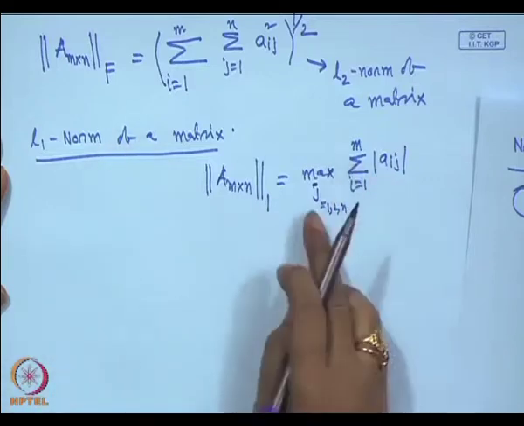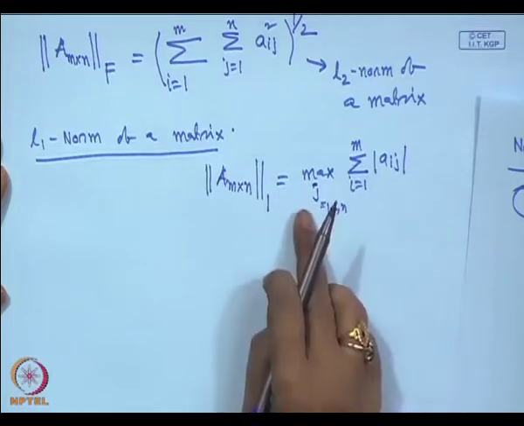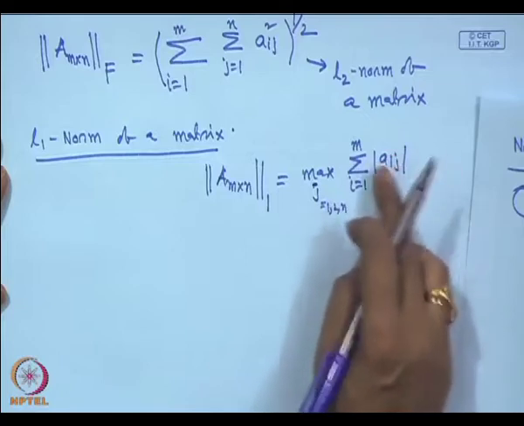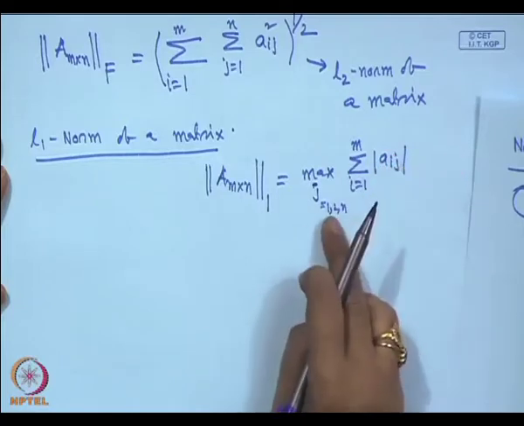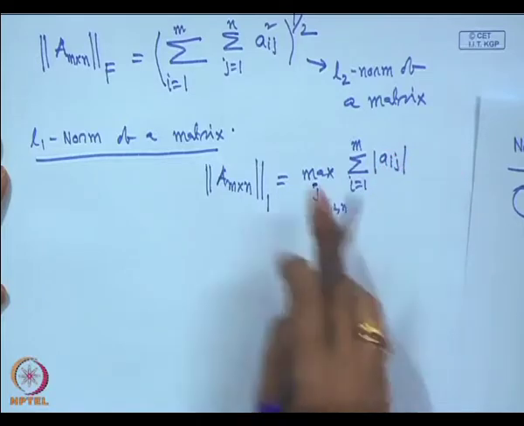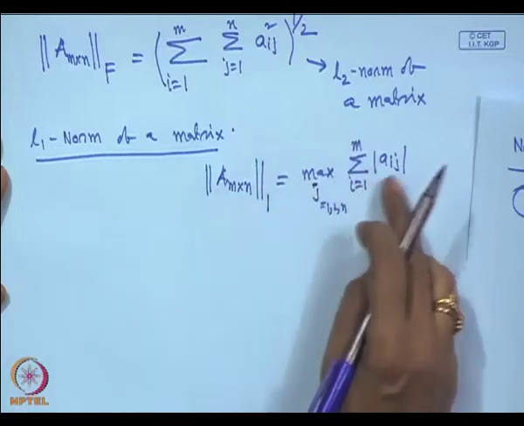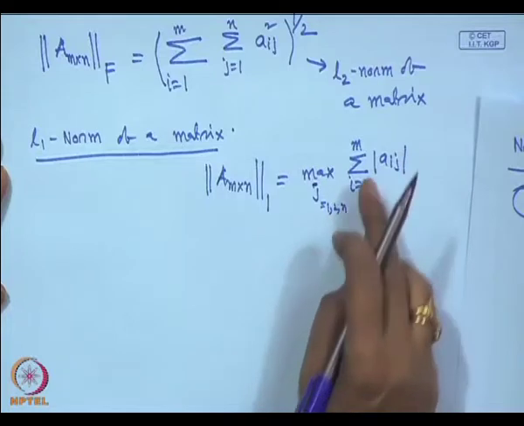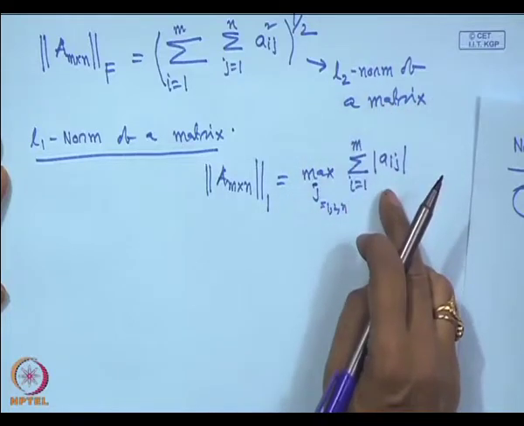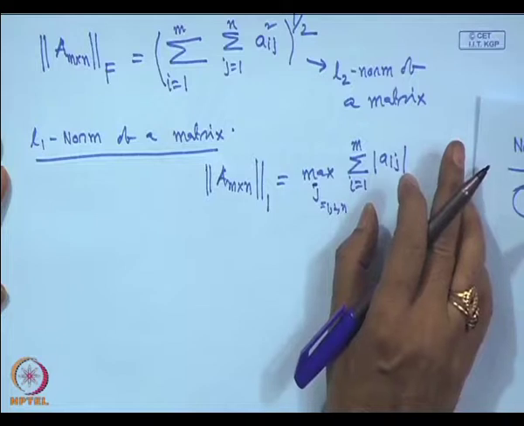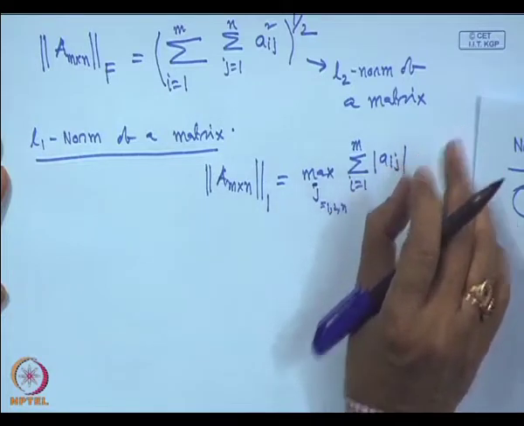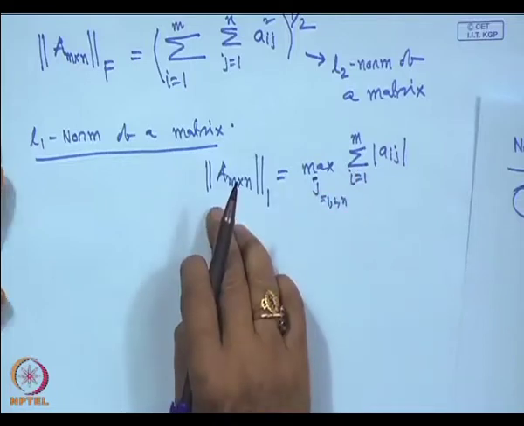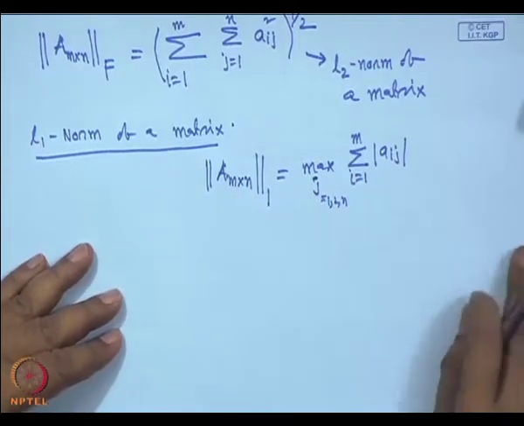You take j equal to 1, i varies from 1 to m, and calculate the summation. Then j equal to 2, means the second column, you take the absolute sum of all the elements. Third column, j equal to 3, the absolute sum of the third column. Out of these, the column whose absolute sum is maximum is called the L1 norm of a matrix.